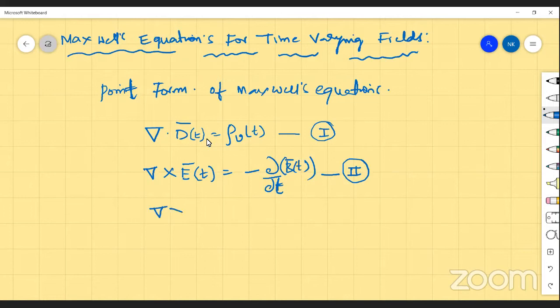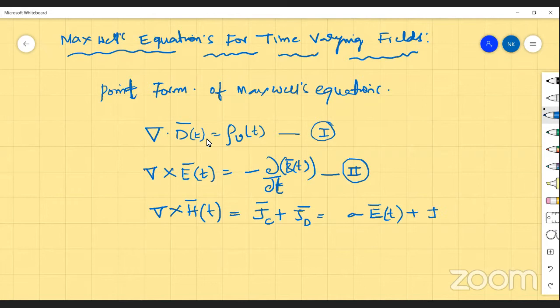So the other equation is del cross H bar of t. Del cross H bar is equal to Jc bar plus Jd bar, where Jc bar is equal to sigma into E bar, so automatically a function of t.